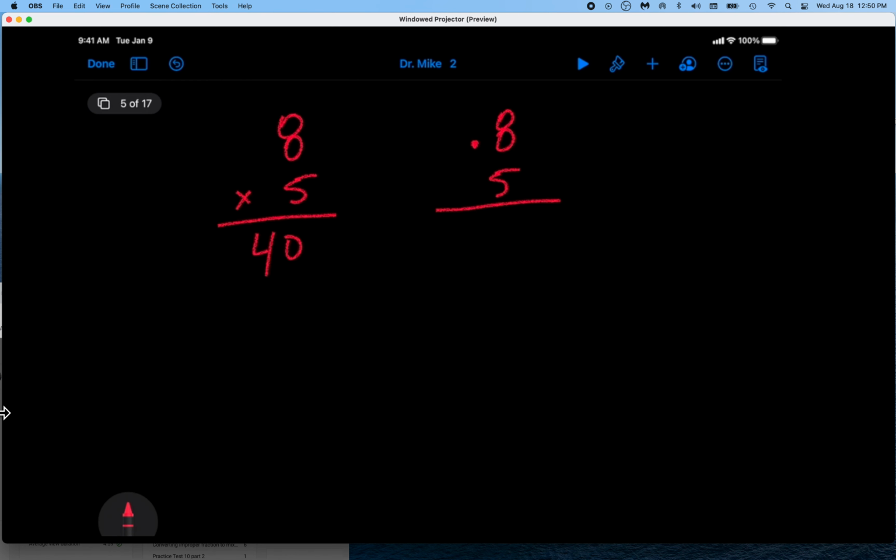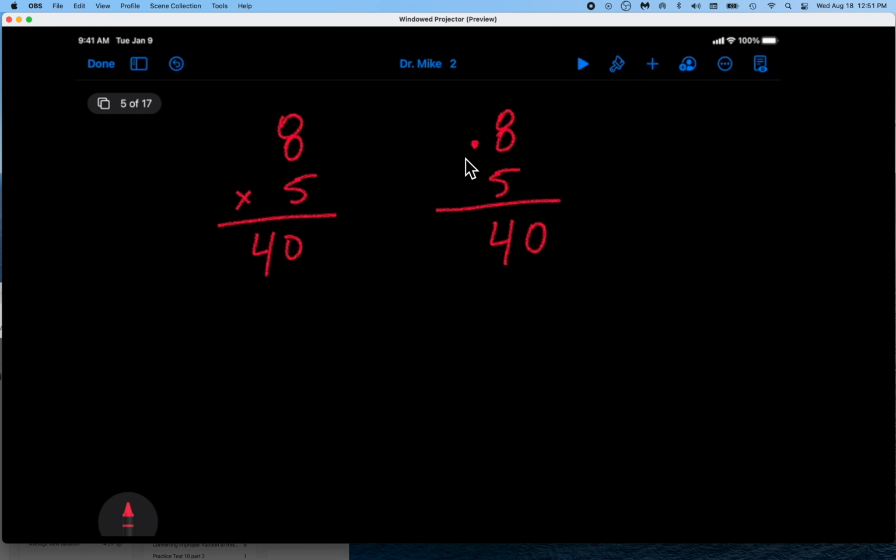What we do is we do our normal multiplication, and then we account for this decimal place. We know these answers have to be different. You can't have 8 times 5 equals 40 and 0.8 times 5 equals 40. That makes no sense. So how do we handle this decimal place?